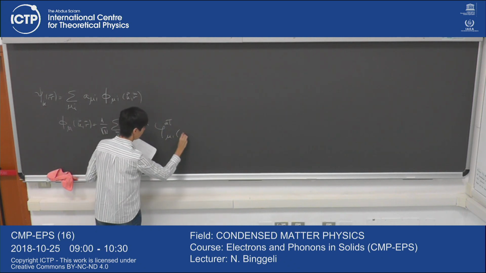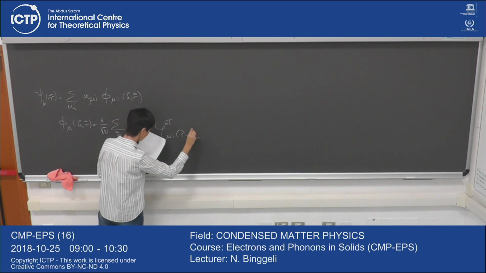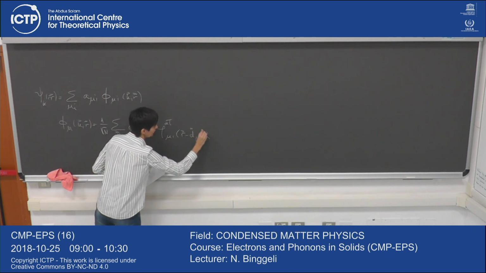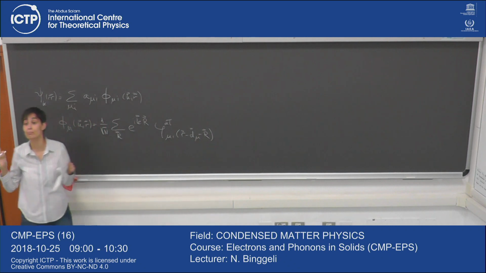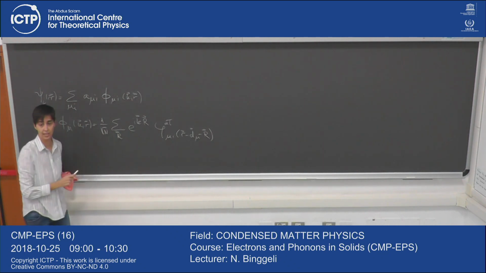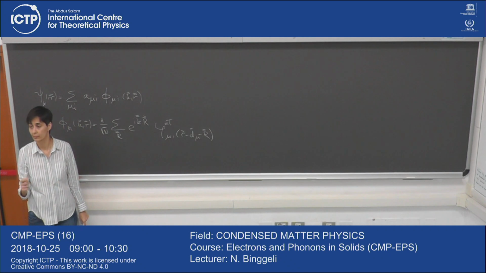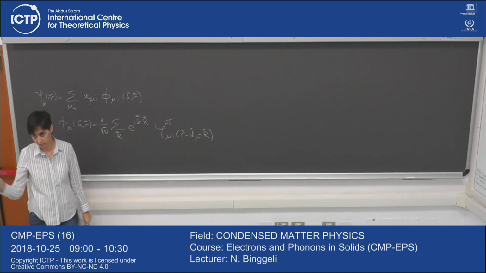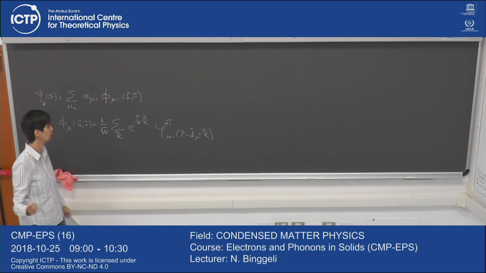Atomic orbital, mu, I. So what Nadia did, she did the most general case, which might be a bit confusing in the beginning, but you have it all. Now you can use it for anything. So, R, what is R? R is the Bravais lattice vectors, so it goes over the whole lattice. Good.